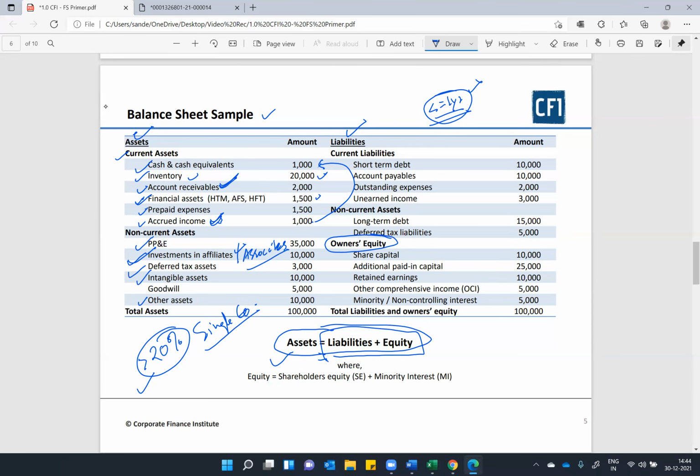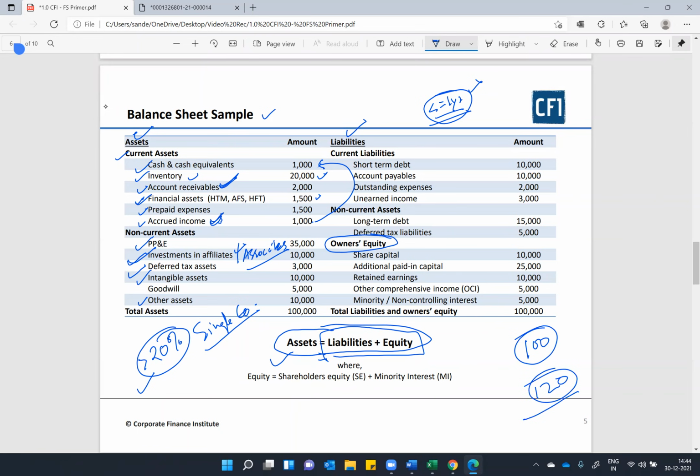The next is your deferred tax assets. I would like to give a very basic explanation of deferred tax assets. Let's say you have a tax liability of 100, and you have paid 120 to the tax authority.